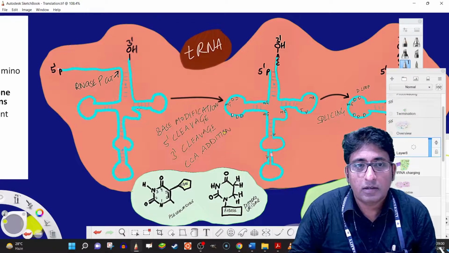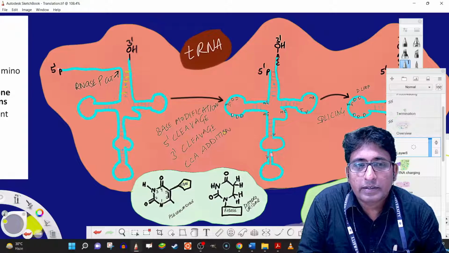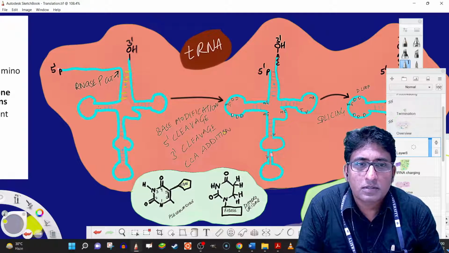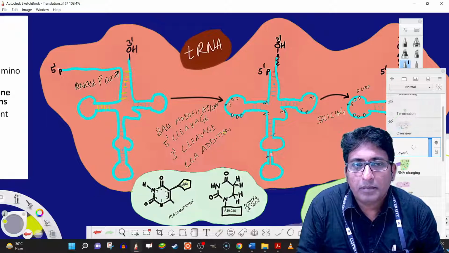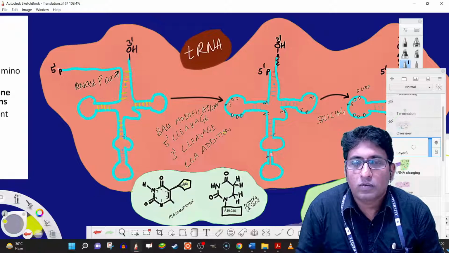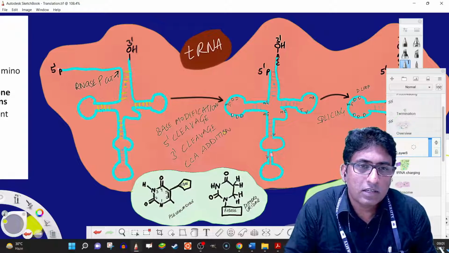That means there are a lot of places where they can form hydrogen bonds like this, intramolecular hydrogen bonds. As a result, when they base pair like this, they form hairpins and a complex structure such as is shown here.